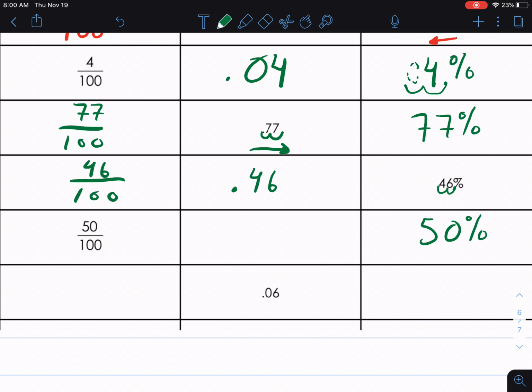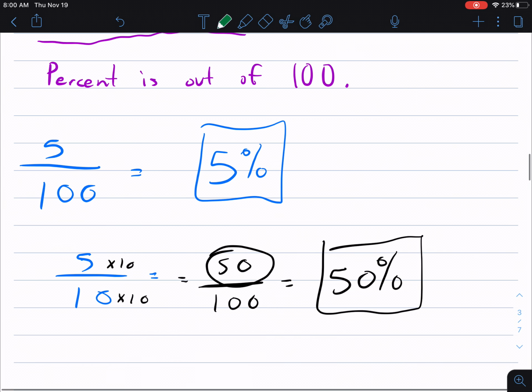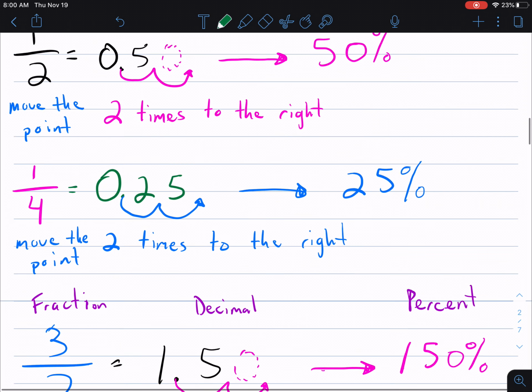Dos veces a la izquierda para decimal. 1, 2. .50. Here, 2 times to the right for percent. Dos veces a la derecha para porcentaje. 1, 2. 6%. Porque este 6 se puede ir. No vale nada. So 6 over 100. And this is how you do fraction to decimal, decimal to percent. It's very, very easy.